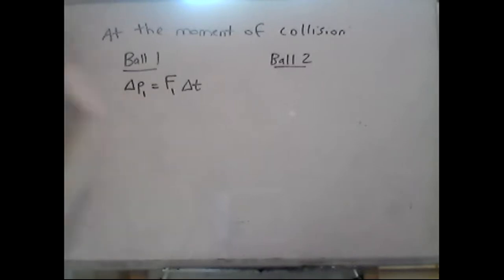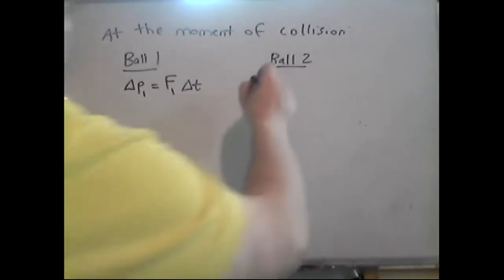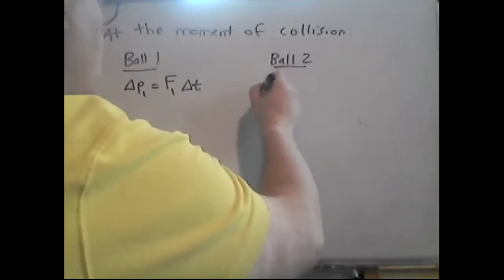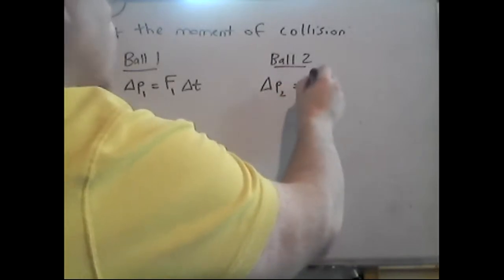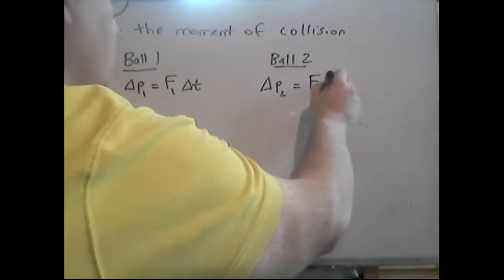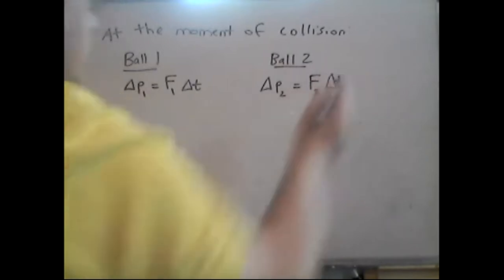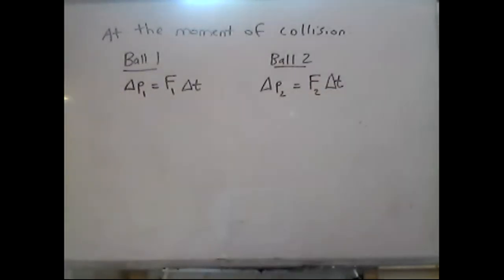It went from P1I to P1F. No doubt about that. Ball two also experienced a change, an impulse equation. Ball two had delta P2. It experienced force F2 for the same duration of time, delta T. All right, so each one of these balls has its impulse equation.